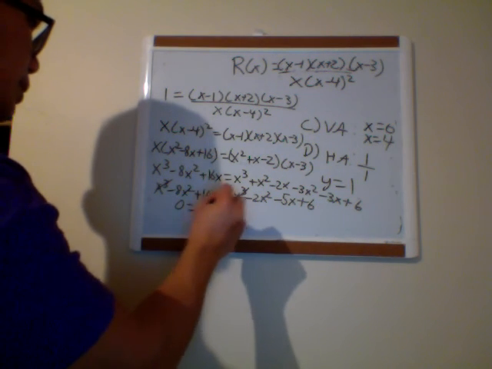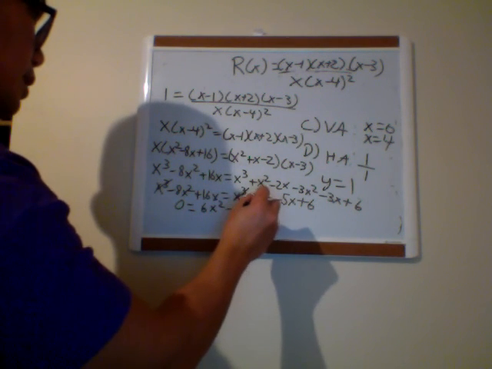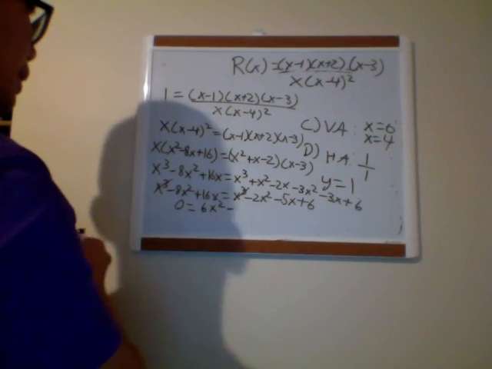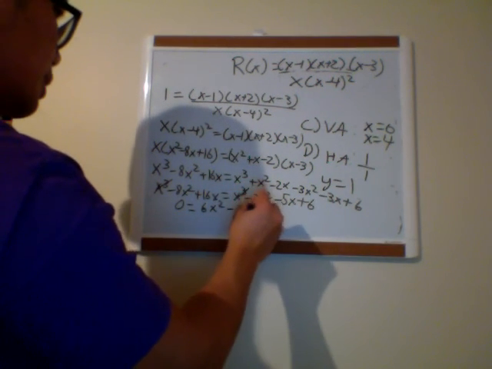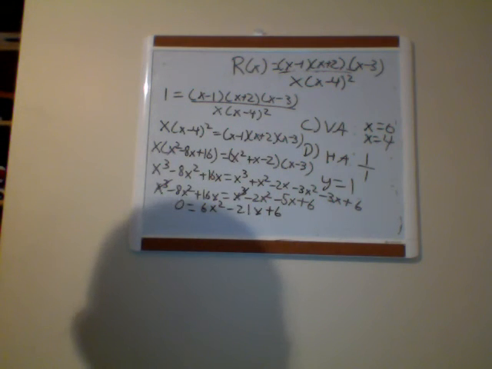6x squared minus 19x, minus 21x, sorry, plus 6. I think that works.